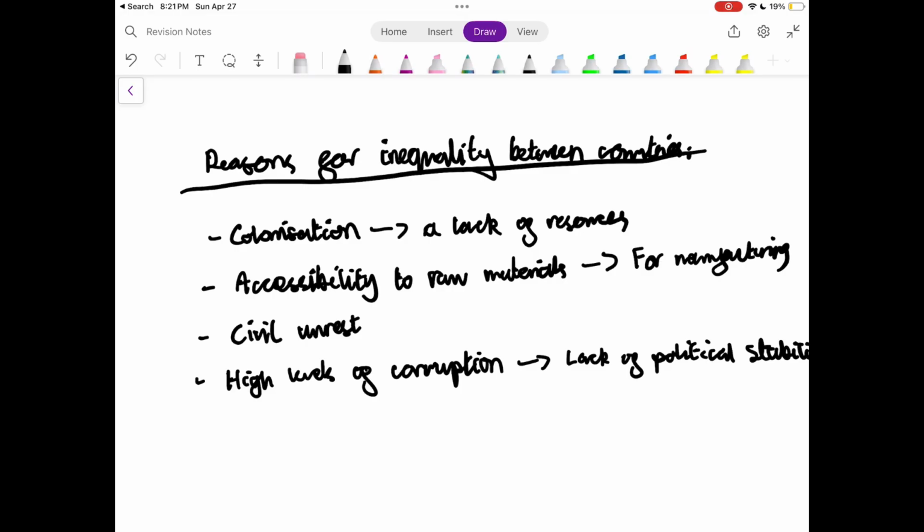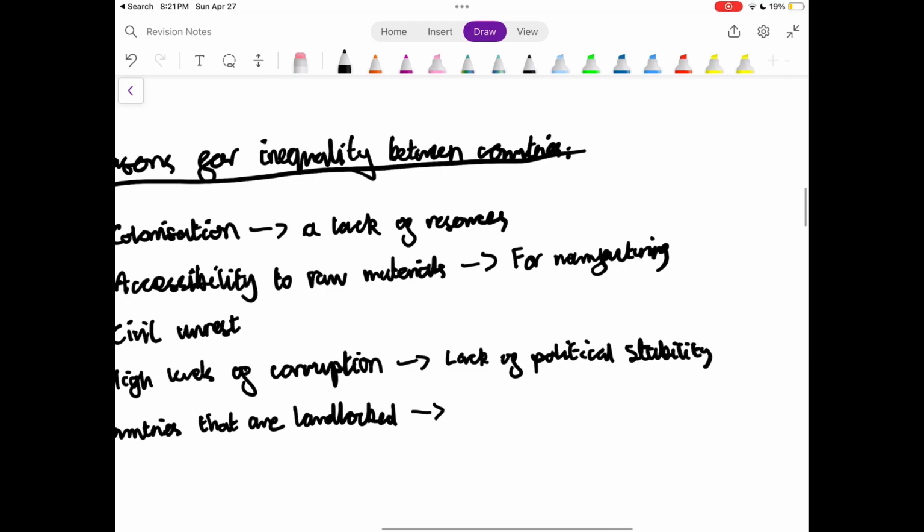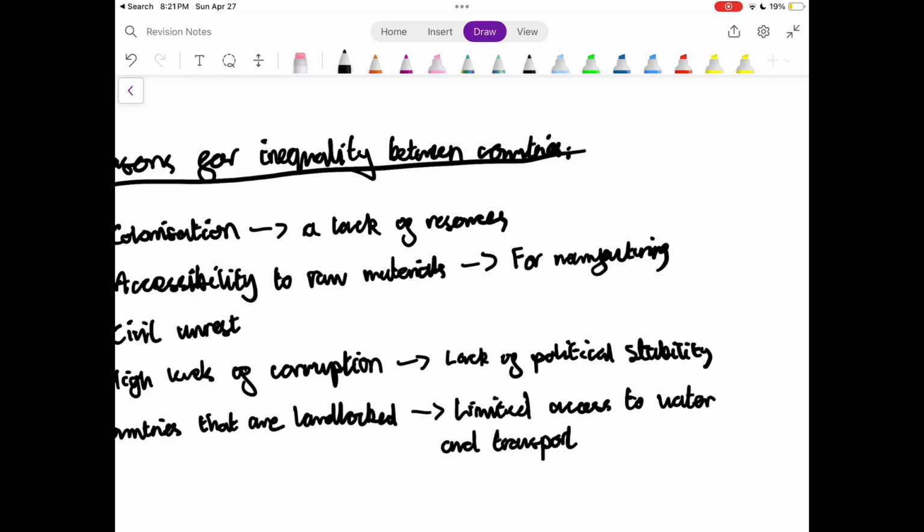And finally, there may be countries that are landlocked. This means they have limited access to water and transport, or you could also say trade as well.